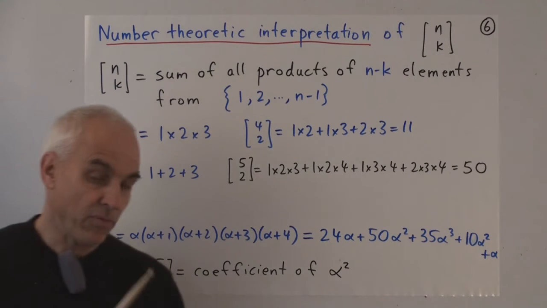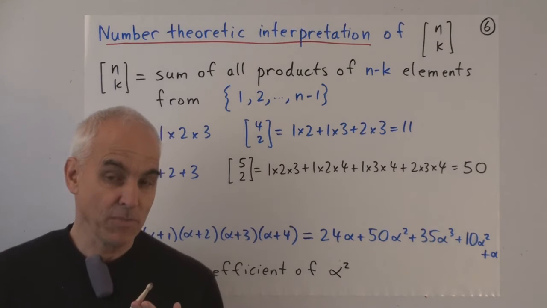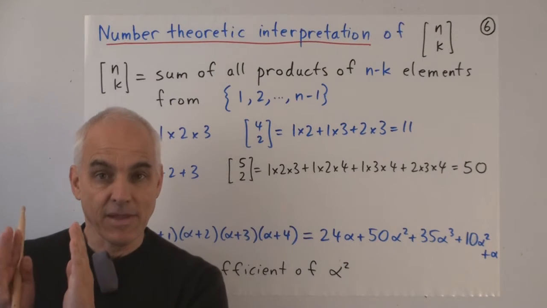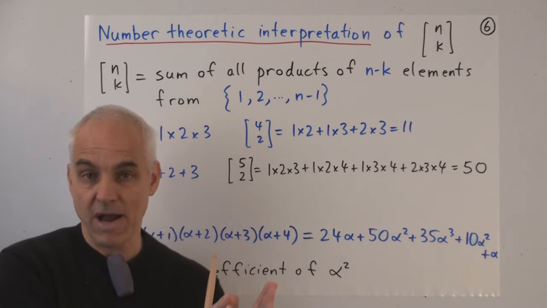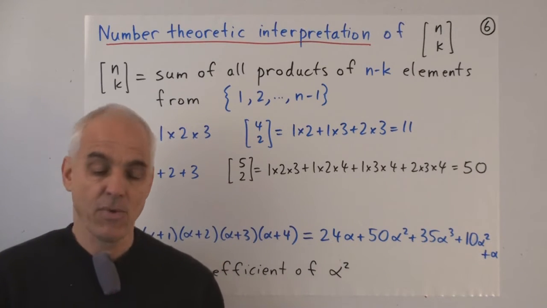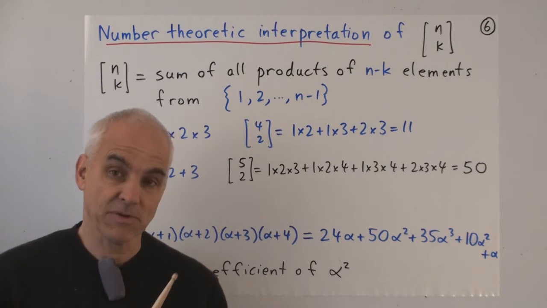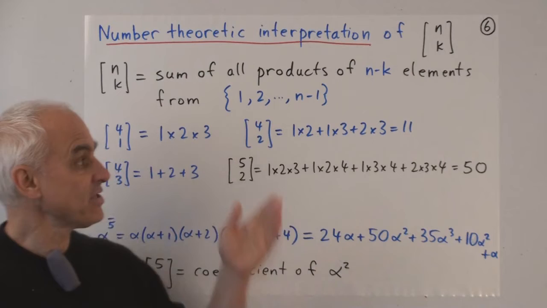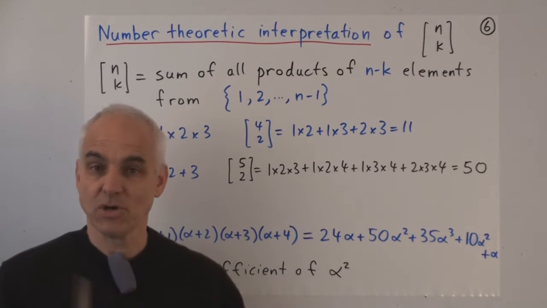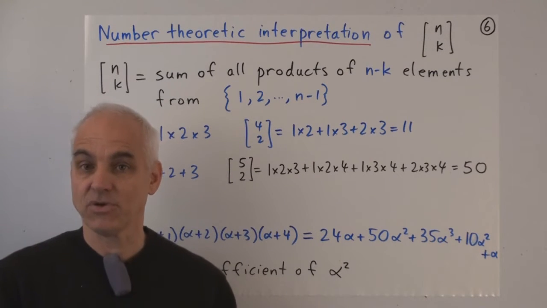Okay, so we have the original definition of Stirling numbers in terms of essentially a change of basis between the rising powers and the ordinary powers of polynomials. We have a combinatorial interpretation in terms of numbers of permutations with a certain number of cycles. And we have this number theoretical interpretation in terms of a sum of products of a certain kind.